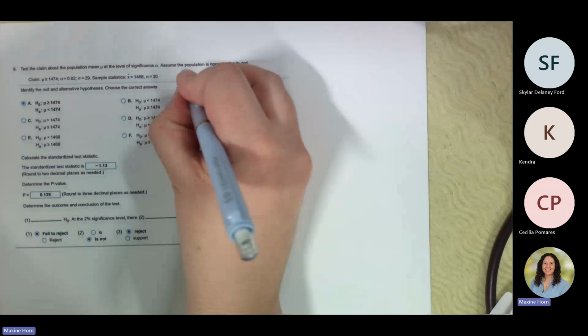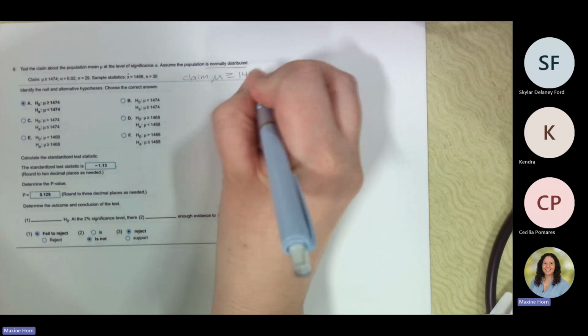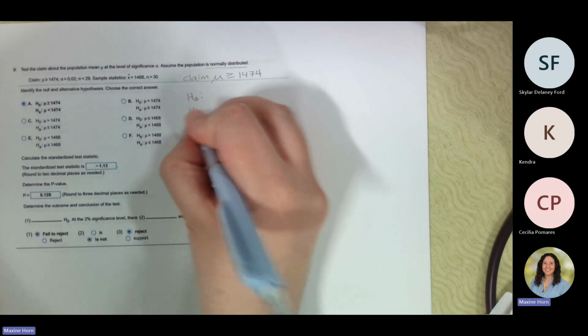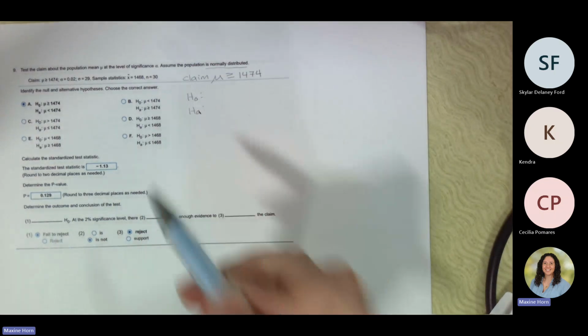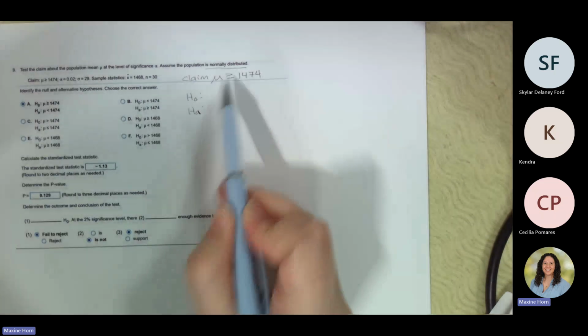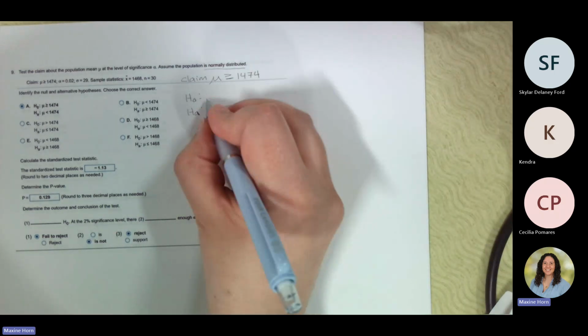We have a claim. The claim is that the population mean is greater than or equal to 1474. We need to identify the null hypothesis and the alternative hypothesis. Remember, the null hypothesis always has some type of equality in it, whereas the alternative hypothesis is always a strict inequality. So this has to get written here because it has some type of equality in it.